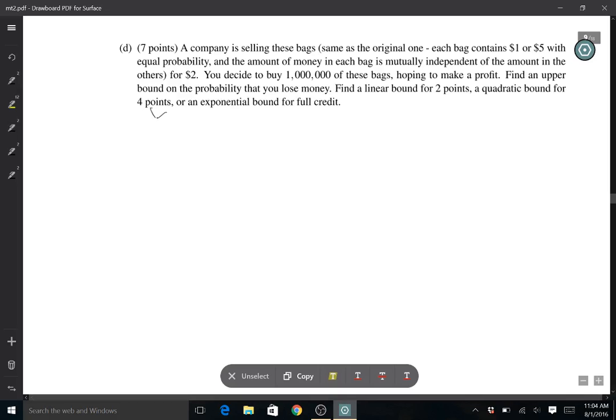If we denote Y to be the random variable that denotes the amount of money you get from these 10 to the power 6 bags. So Y is the amount of money you draw from the bags.